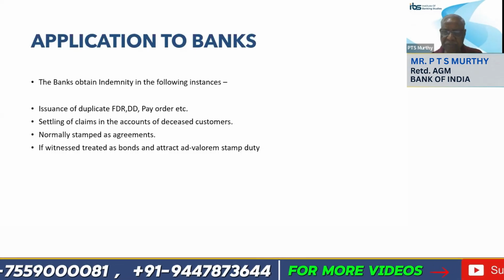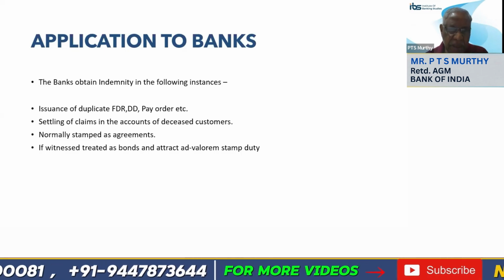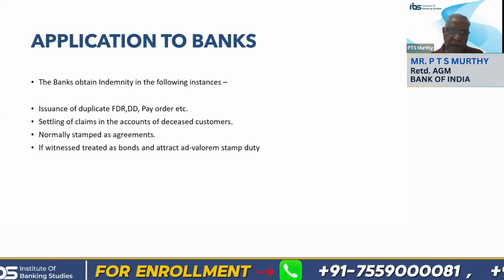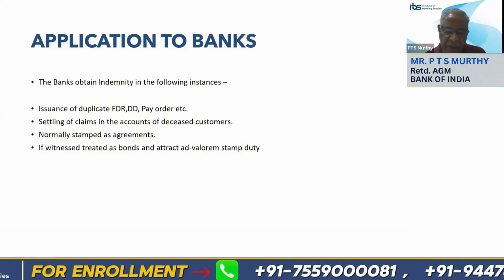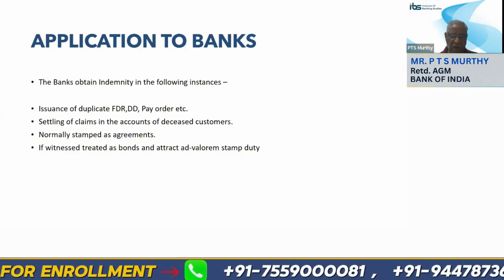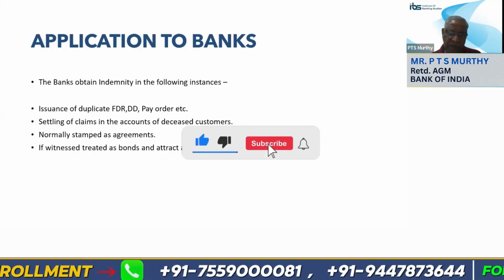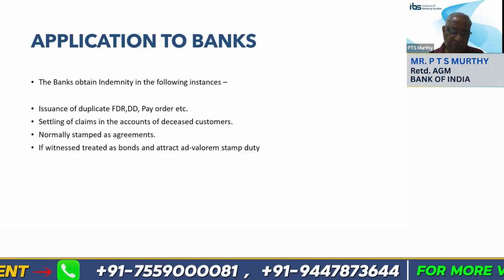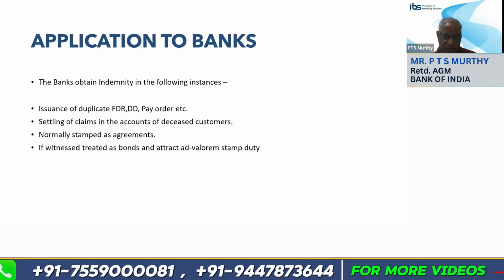Why? Because when we are making payment to a nominee, the bank has to identify the nominee, and the bank is responsible for identifying. If they have not properly identified the nominee, the bank is responsible for the loss and not the person who received the payment. Whereas in the case of legal heirs, legal heirs themselves have come and told us, we are the legal heirs.